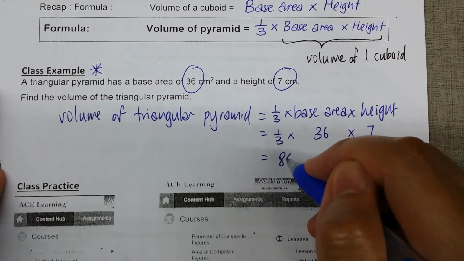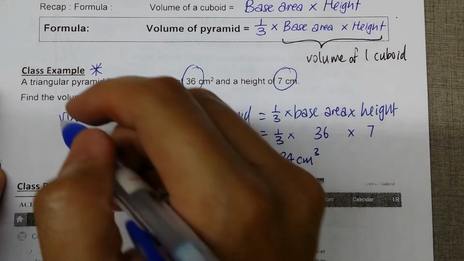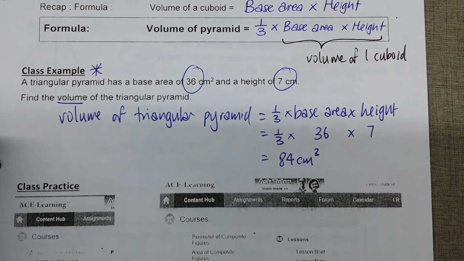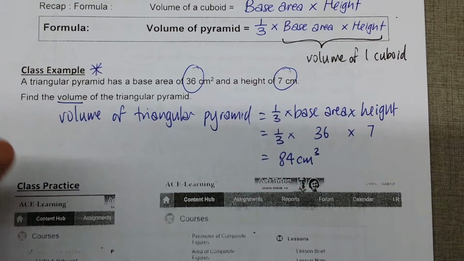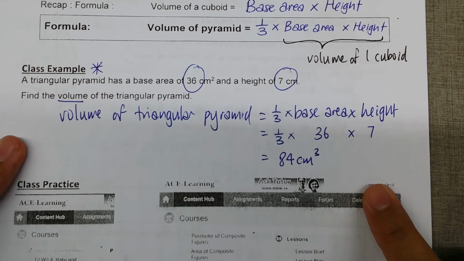Calculate, it is exactly 84 cm cubed because we are talking about volume. You're supposed to do this class example.